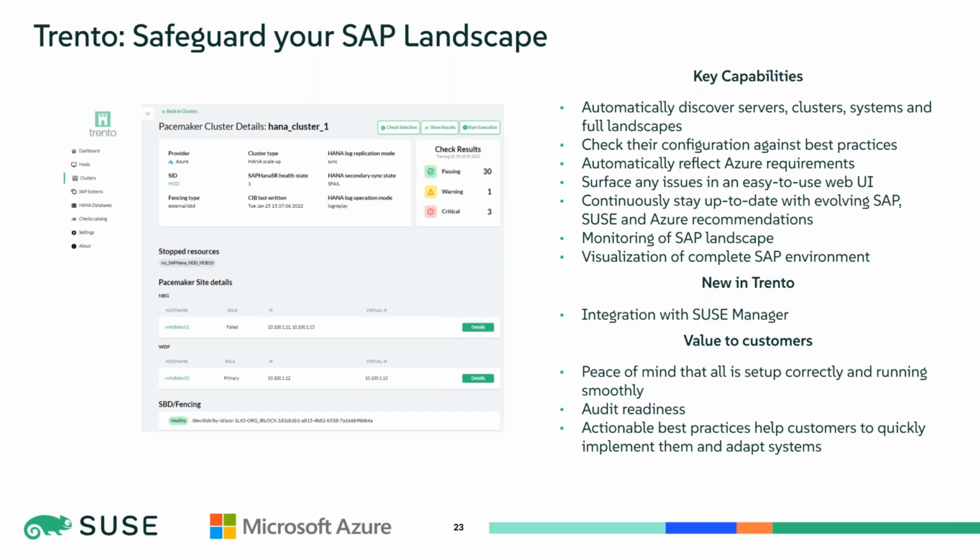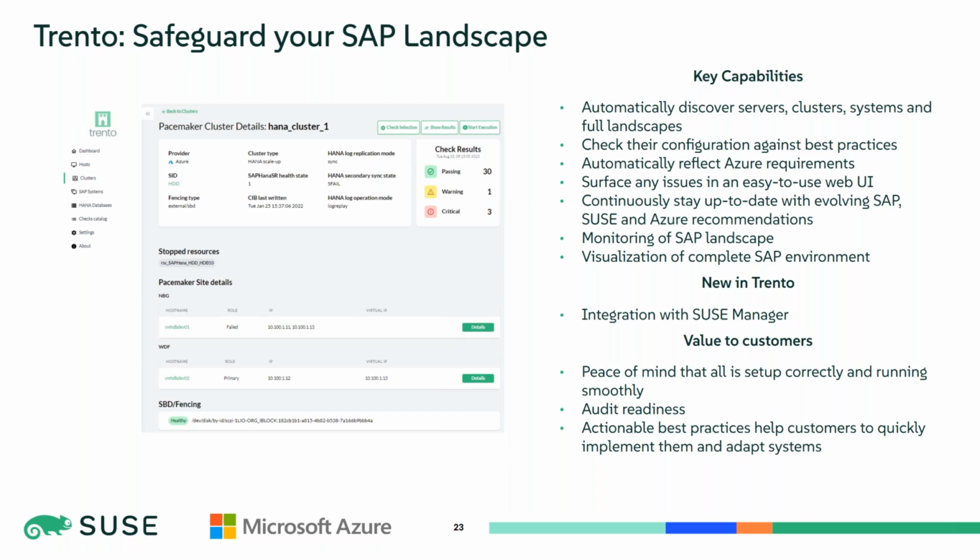It can also detect all the instances running in your landscape and group them by SID. And it can also detect the underlying infrastructure. So in this screen snapshot, it detects that this landscape is running on Azure. And it also checks the cluster configurations against the best practices in all the documents, including Azure documentation.